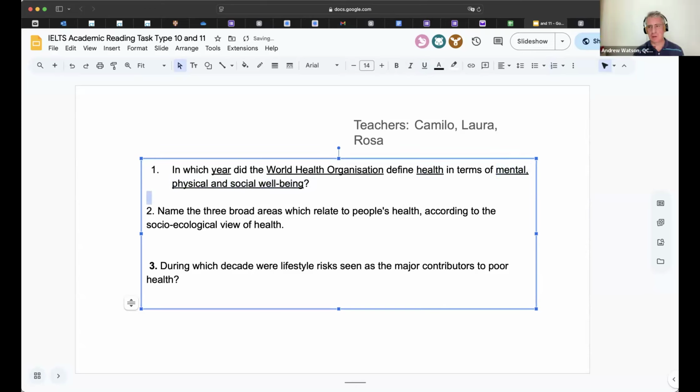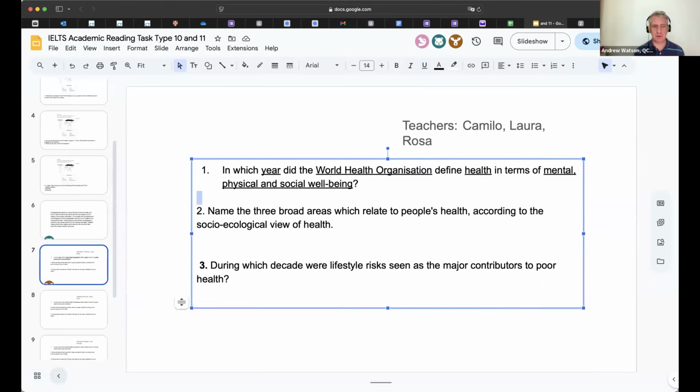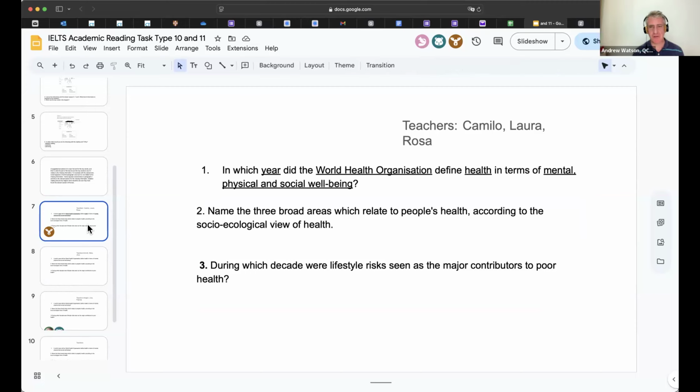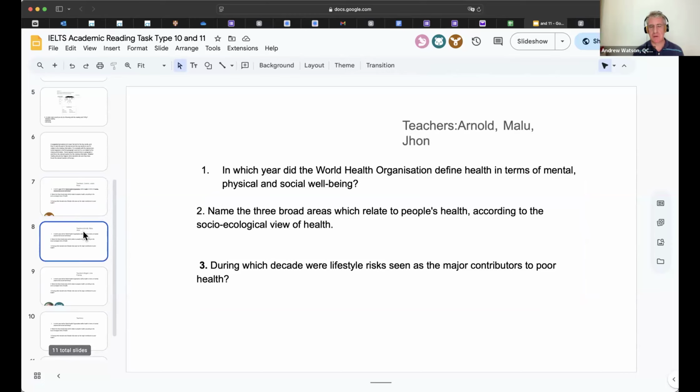Okay, so I'm going to give you 2 and 3 to do, to underline the keywords using the tool. The tool to use is this underline tool here. So Camilo, Laura, and Rosa, you do slide 7. Teachers, Arnold, Malu, and John, slide 8.